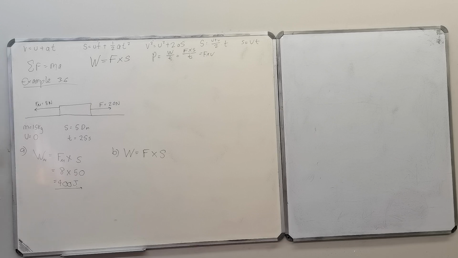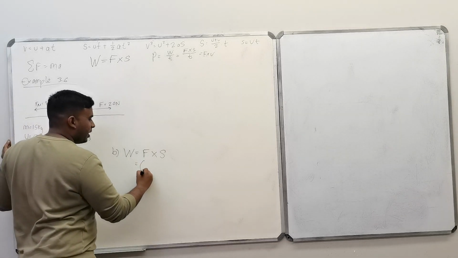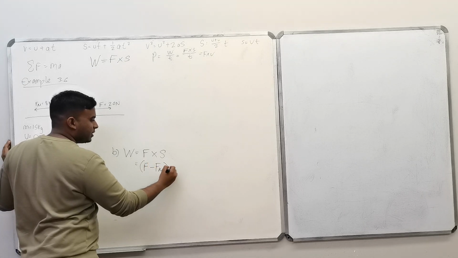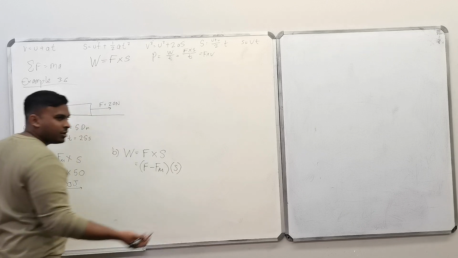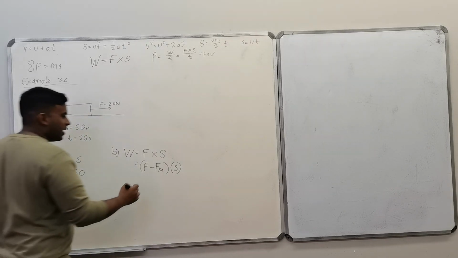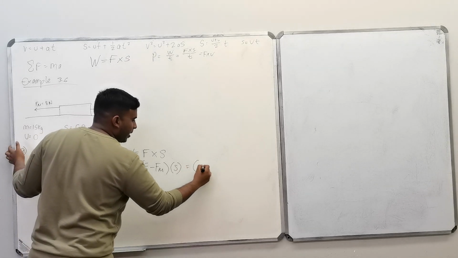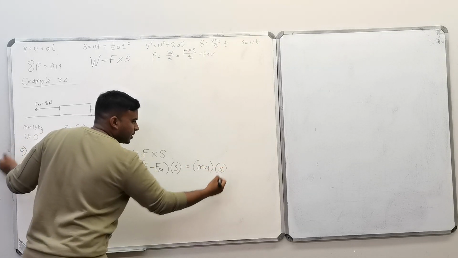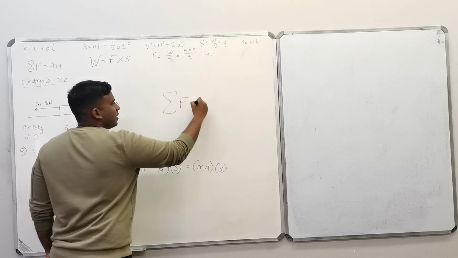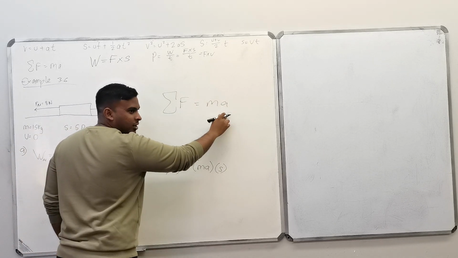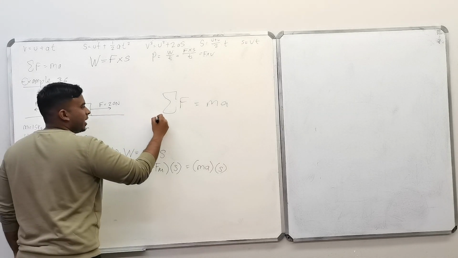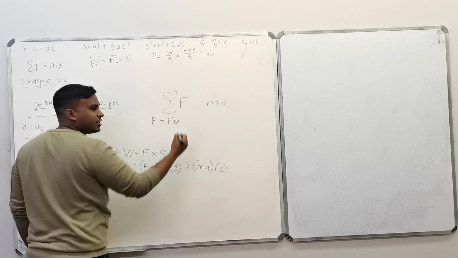Yeah. Okay, so here you could have said F minus the resistance force times your displacement. That's the same thing as saying MA times S. Because remember the sum of your forces is equal to mass times acceleration. The sum of the forces acting on this is F minus the resistance force.